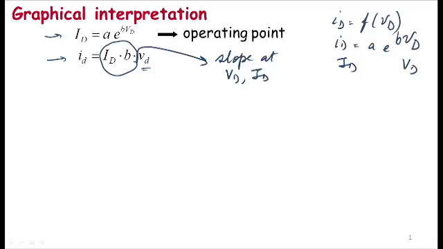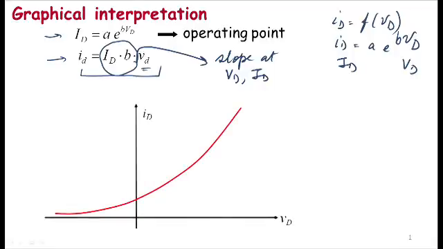So that was the slope at the VD, ID point of the ID equals f of VD curve. So what I'd like to do next is give you a graphical interpretation of exactly what this means. What are we exactly trying to do? And hopefully this insight will be the last piece of insight you will need before you really understand what's going on. So I'm going to use this curve here.